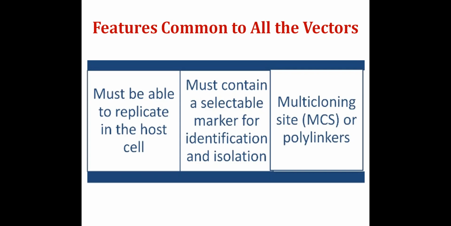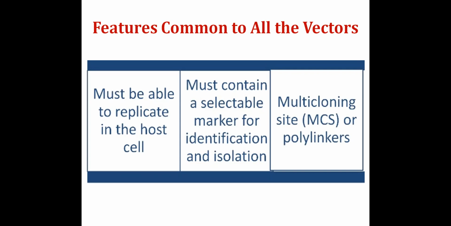Suppose you have transformed the vector inside the host cell. There must be a marker, and with the help of the expression or presence of that particular gene, you will be able to identify the transformed and non-transformed colonies, and among the transformed colonies, which are transformed by the recombinant vector and which by the non-recombinant vector.